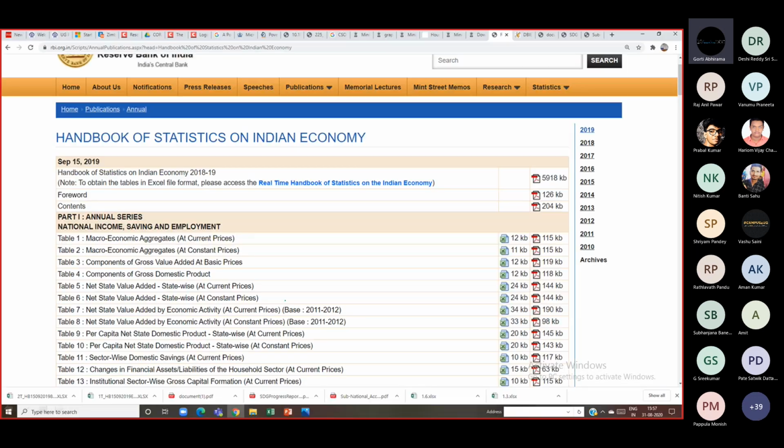And if you visit the RBI website, you can go to the publications, where you have handbooks of statistics on the Indian economy. I advise you to at least see the recent two tables, macroeconomic aggregates at current prices and at constant prices.